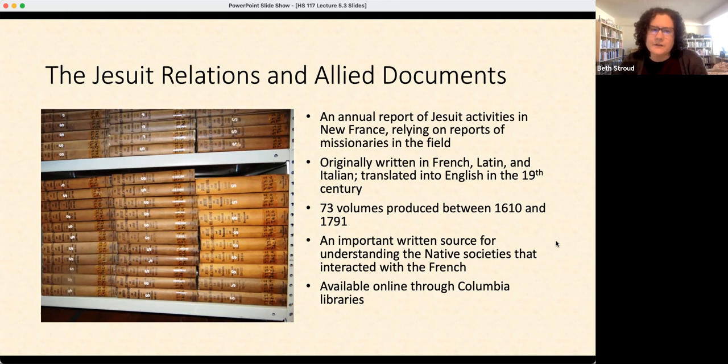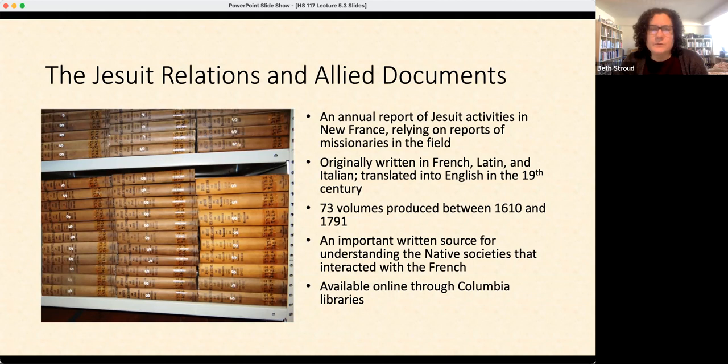You've read an excerpt, or you'll be reading an excerpt this week, from the Jesuit Relations. I wanted to show you what a huge body of work that little excerpt comes from. The Jesuits every year sent reports to their superiors in France with information about their activities over the previous year.